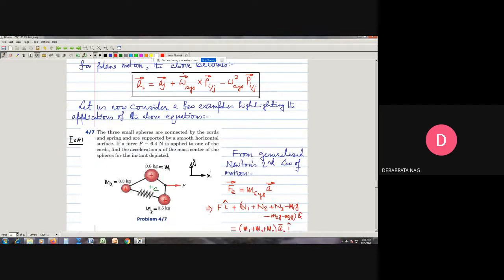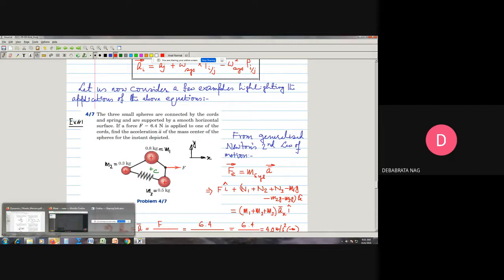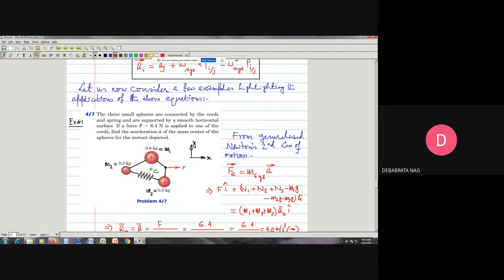So we begin with this example, which is example 1. Problem number 4/7 taken from the book of Meriam and Kraige. What we see from here is that we are given three small spheres which are connected by cords and springs and are supported by a smooth horizontal surface, like this.